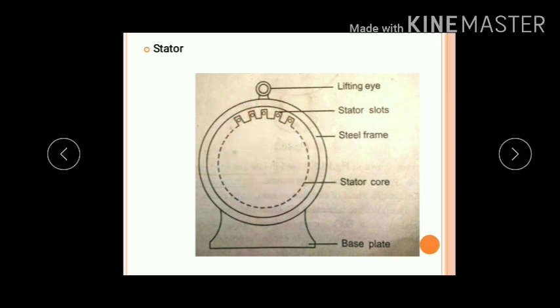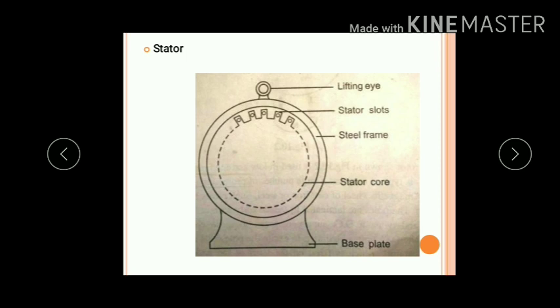In that drum you have the stator core, made up of thin laminations of silicon steel to reduce the eddy current losses. On the inner periphery of the stator core, uniform slots are cut and the stator conductors are placed in these stator slots, either in star or delta fashion.